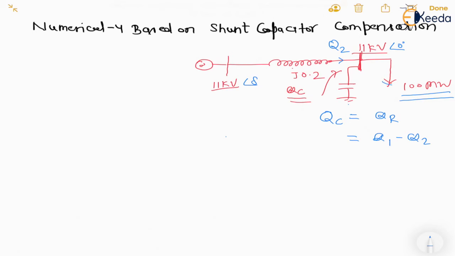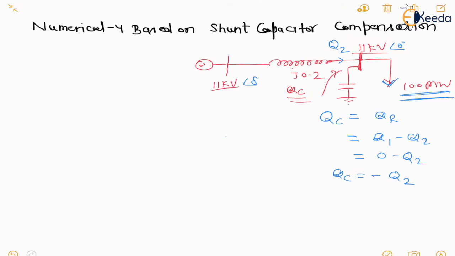We can see that the load is 100 megawatt, which means Q1 will be equal to 0 because there is no reactive power demand here. So 0 minus Q2, so QC is equal to minus of Q2. So what we need to calculate is this value of Q2.